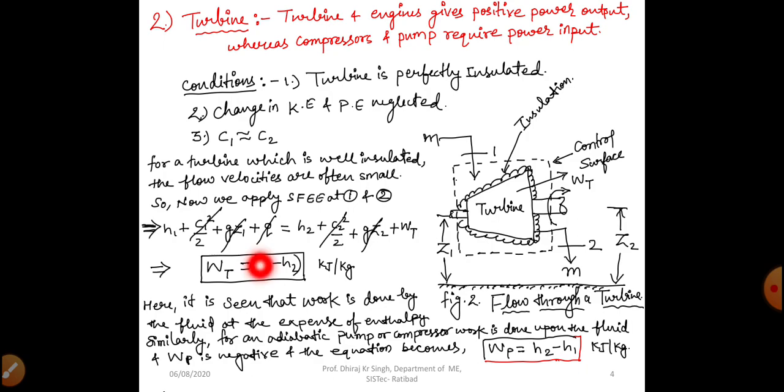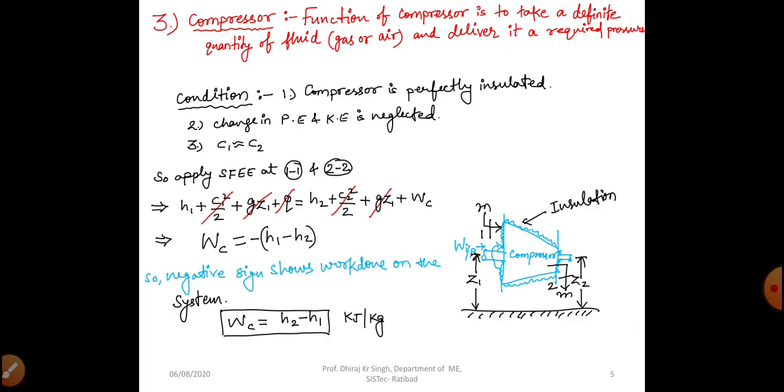So this expression WT equal to H1 minus H2 is very important from the numerical point of view. In many numericals, we have to use this WT equal to H1 minus H2 for finding out turbine work, right? So next, move to compressor or pump, we can say.